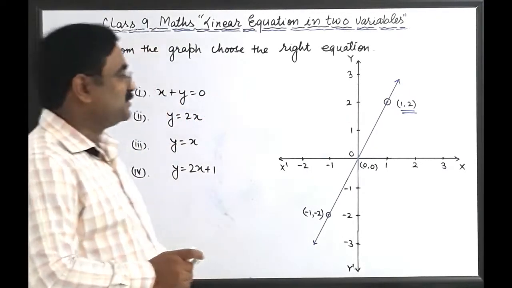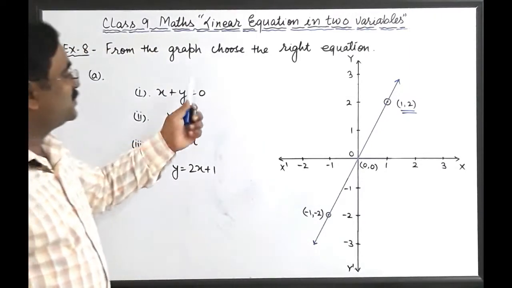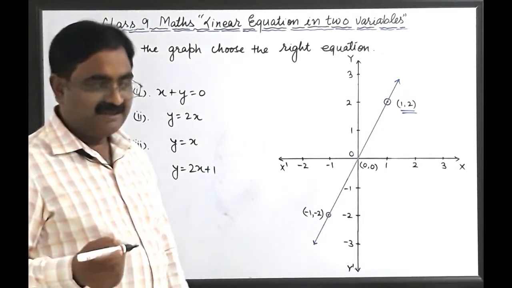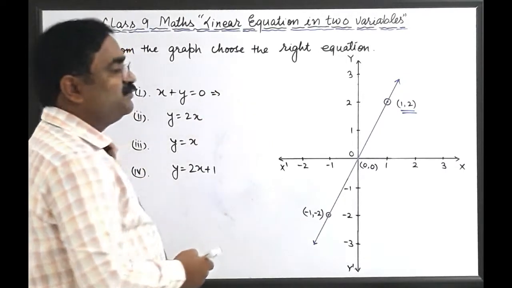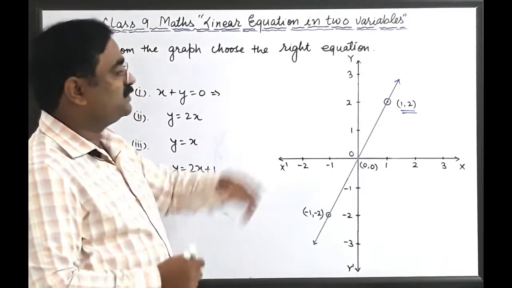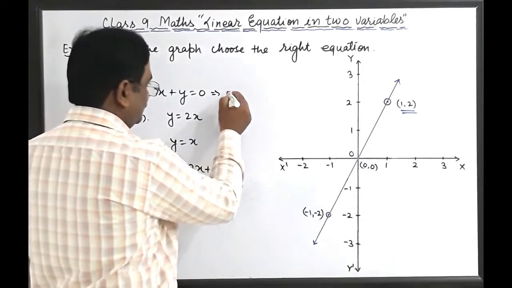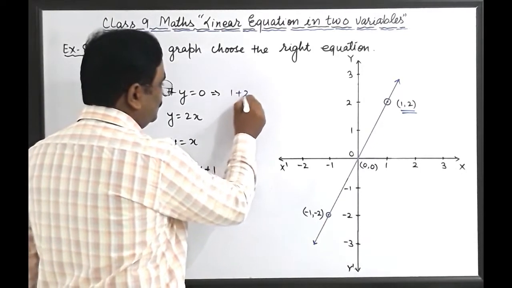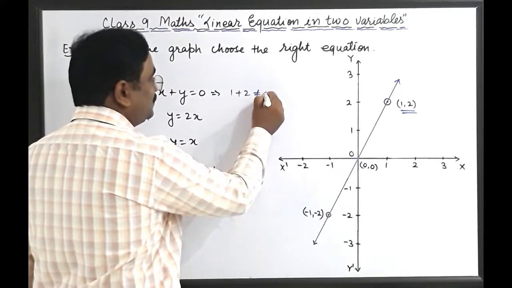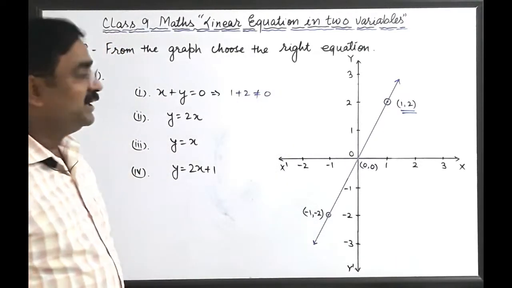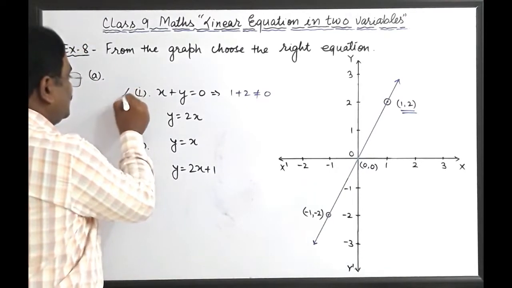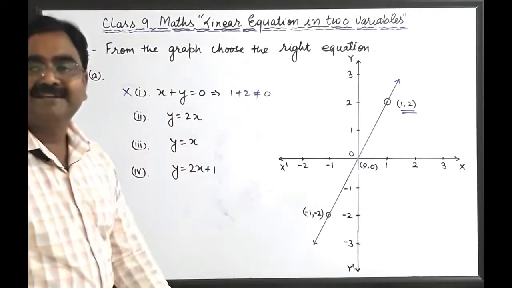See the first, x plus y equals 0 is given. When you substitute x equals 1, y equals 2, is it 0? So 1 plus 2 is not equal to 0, because 1 plus 2 is 3. It means this is not the equation of this given line.